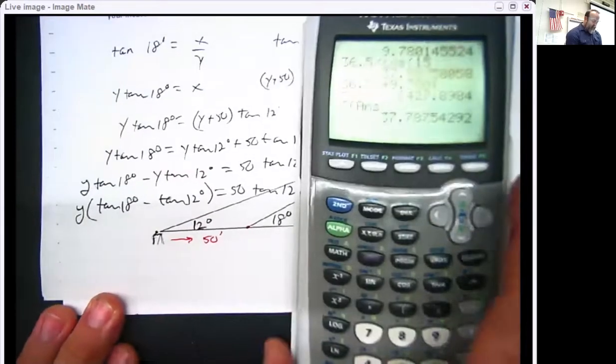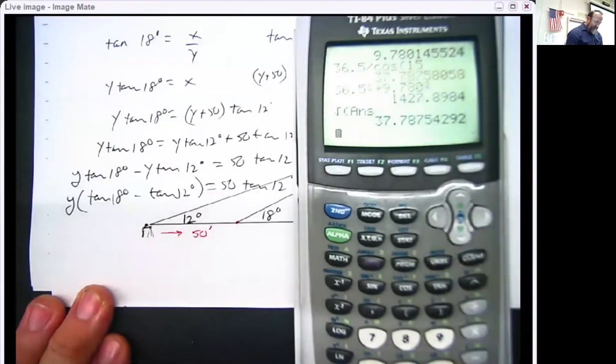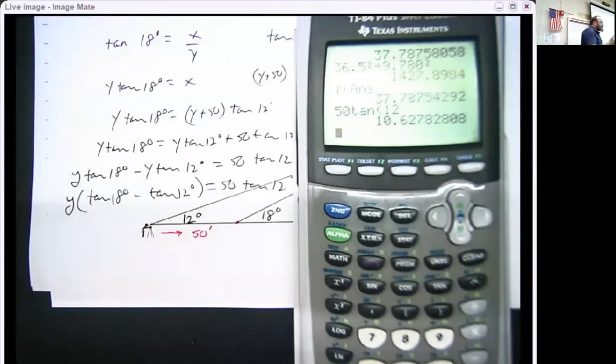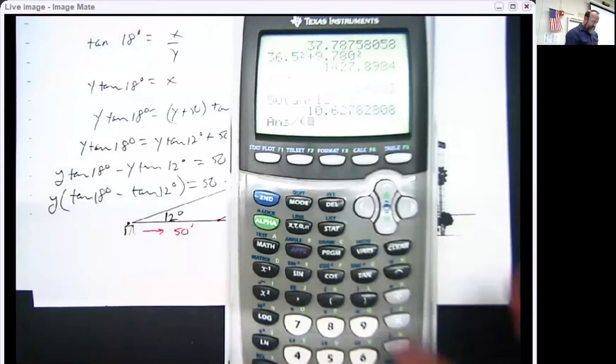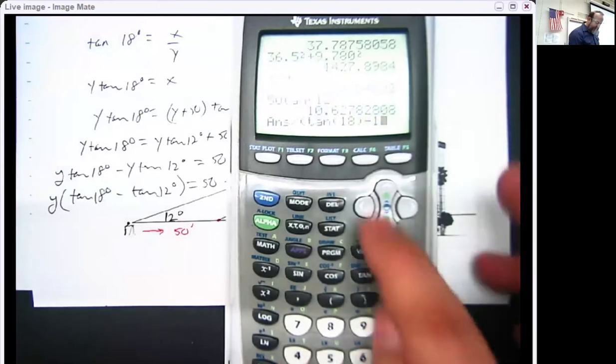I'm going to take this 50 tangent of 12, and I got 10.627. And then I'm going to divide it by parentheses, tangent of 18 minus tangent of 12.